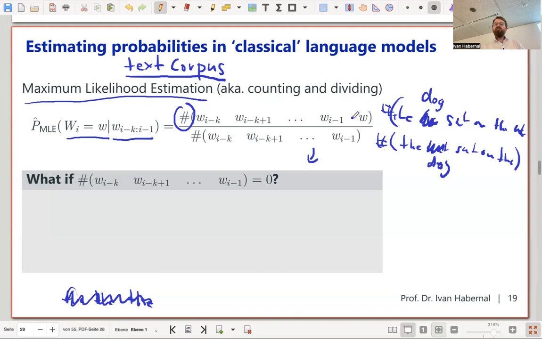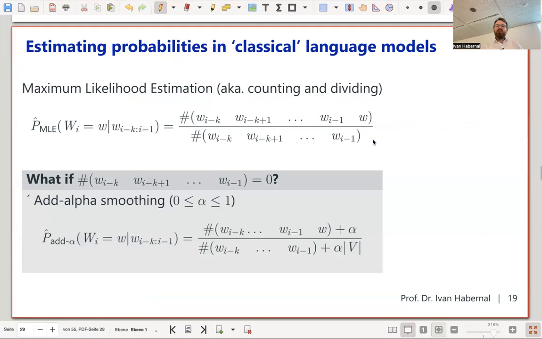So you end up with 0 anyway. It's not like dividing by 0, it's 0 anyway. So if this is 0, that is also 0. So you don't want 0 probabilities at all. That's true. So there's a trick you're going to do, and it's just pretending you saw it at least once.